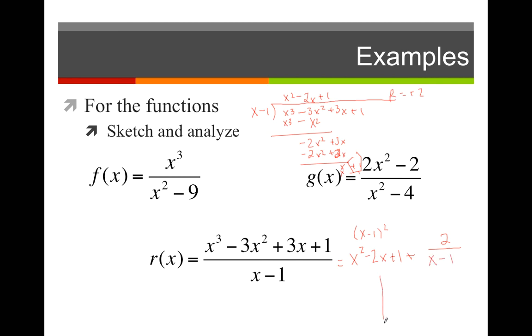So if we were to graph this, getting small down here, I would actually have a vertical asymptote at x equals 1. But weirdly, I also have a quadratic asymptote at x minus 1 squared. And that actually looks like this, because it's just the quadratic function moved to the right 1 unit.